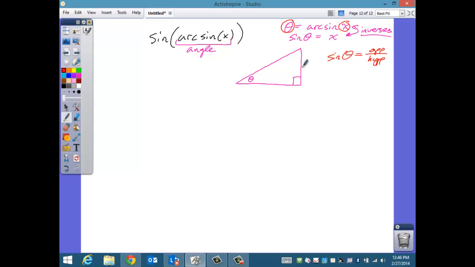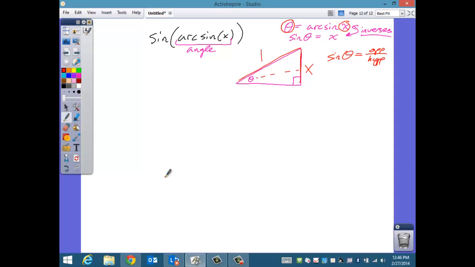So if we can make the opposite, which is this side, and the hypotenuse, which is this side, something so that they divide to make x, then we'll be in business. So what we did in class was we made this x, we made this 1, x over 1 is x. The sine of this angle now equals x, which means that the arcsine of x will equal this angle. So this right here is now representing what I have right here.